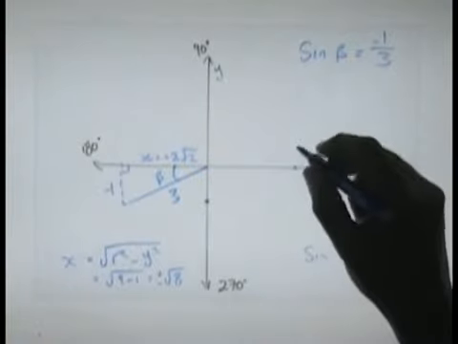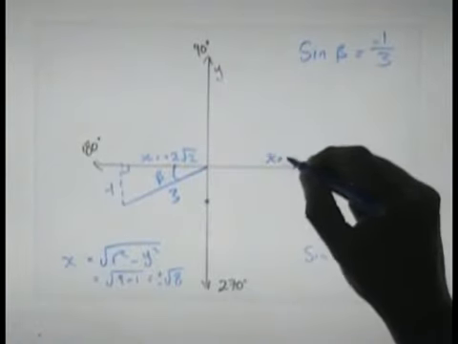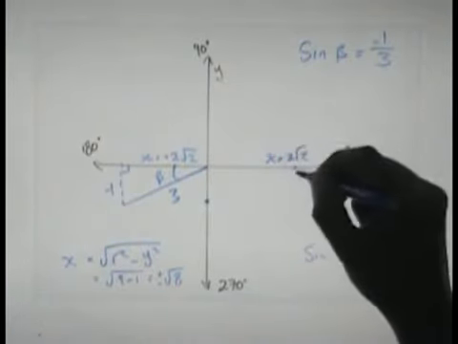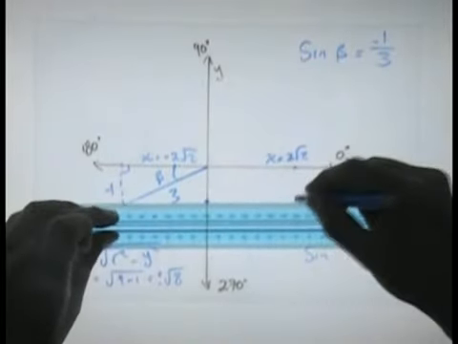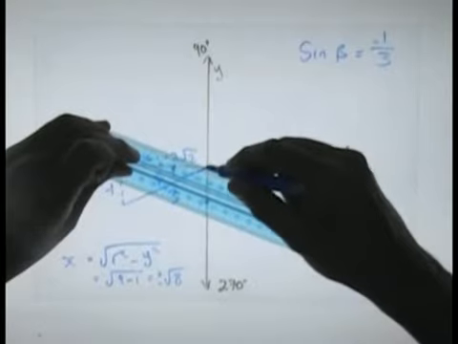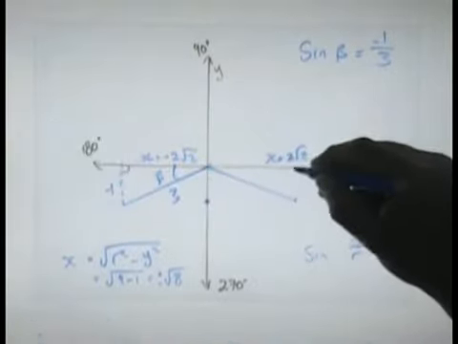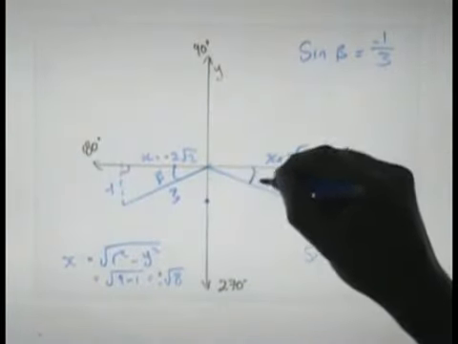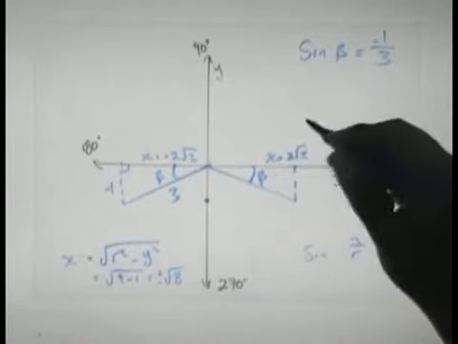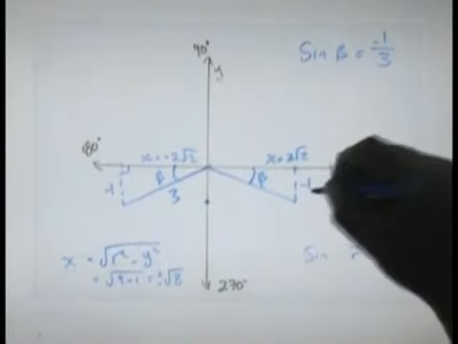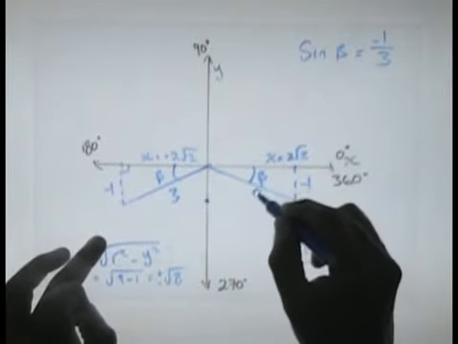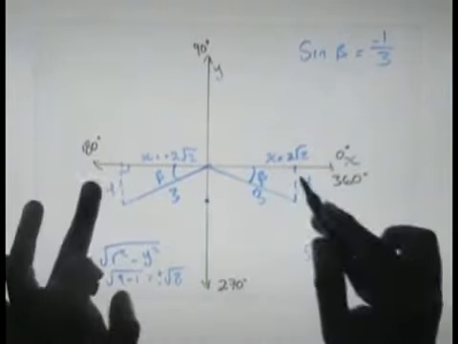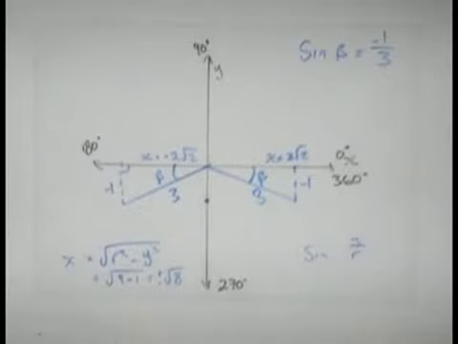That means that it could also fit over here with x equal to positive 2 root 2, which means that beta could be over here as well. Again, two angles could be formed because I didn't give restrictions. Both of them have an r value of 3 and both of them have a y value of negative 1.